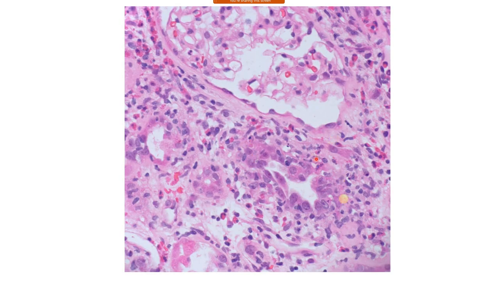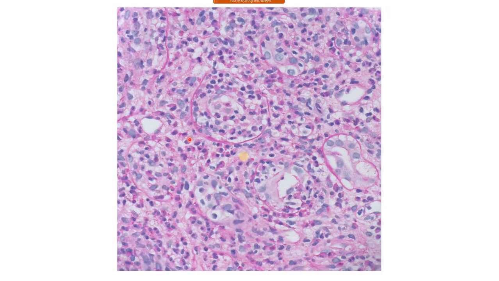This is another area. You see tubulitis. You see the lymphocytes within the layer of the tubular epithelial cells, and also you see eosinophils. But the glomerulus is usually intact. We do not see inflammation in the glomeruli because the main focus of the inflammation is the tubulointerstitial area.